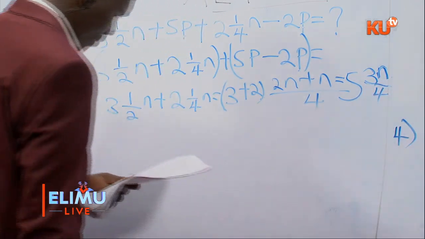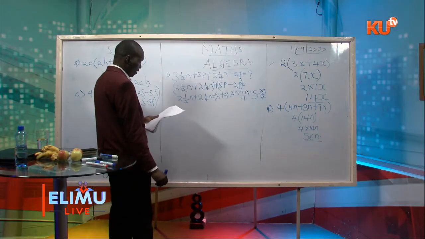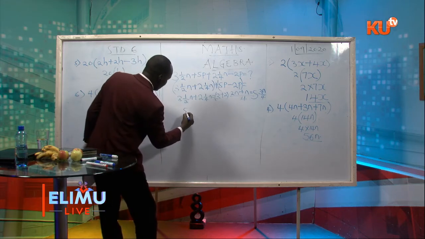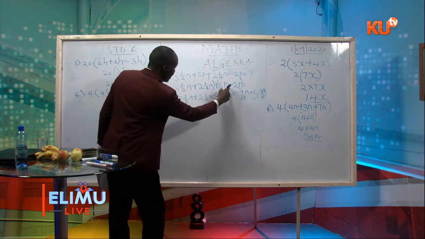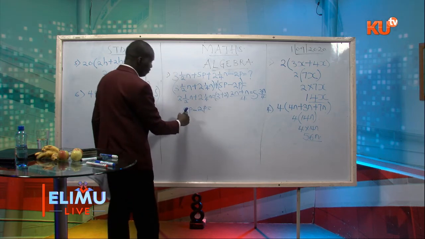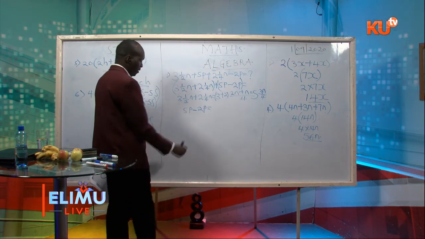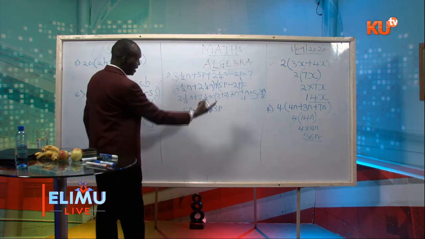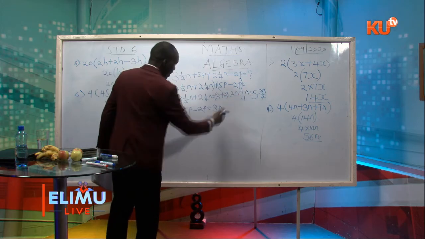3n all over 4. The next part is 5p take away 2p. We get 3p. The next step, we join the two answers.